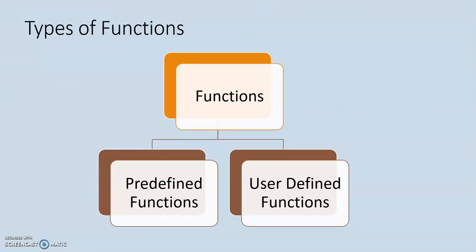What are the types of functions? Functions are of two types: the predefined functions and the user-defined functions. The predefined functions are also called library functions. They are already defined in system libraries.